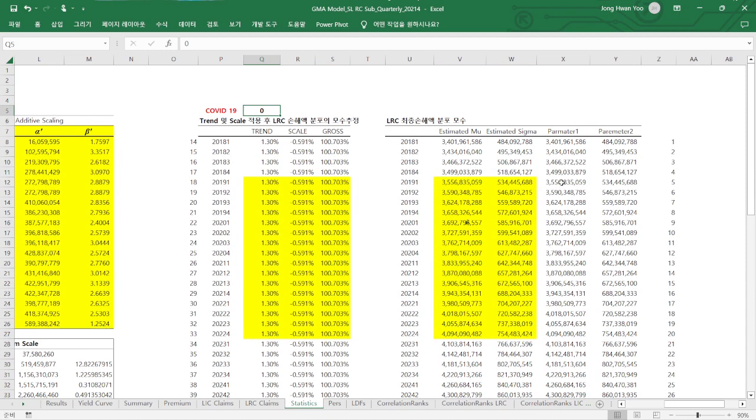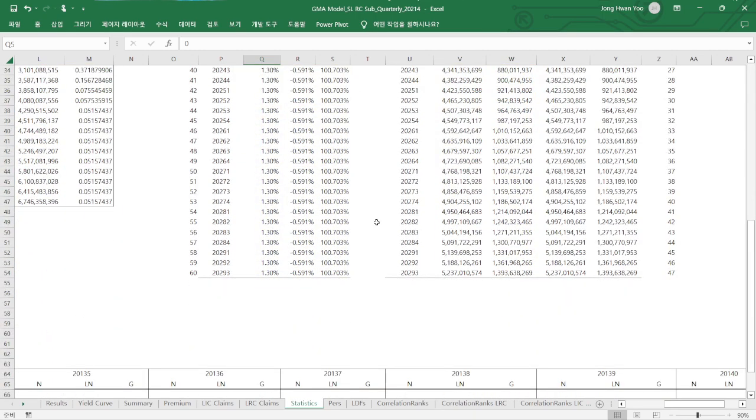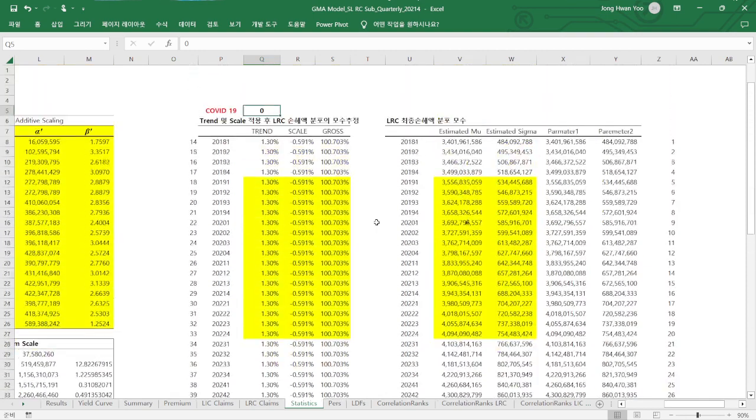The reason I'm doing that is I would like to predict the future ultimate losses starting from 2018 first quarter all the way up to 2029 third quarter.